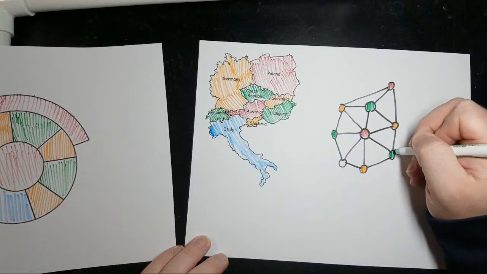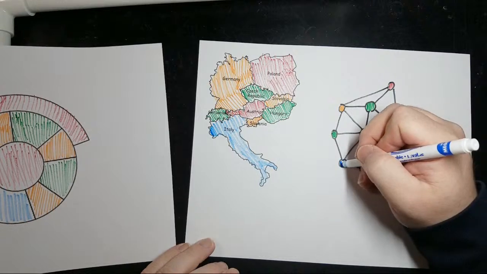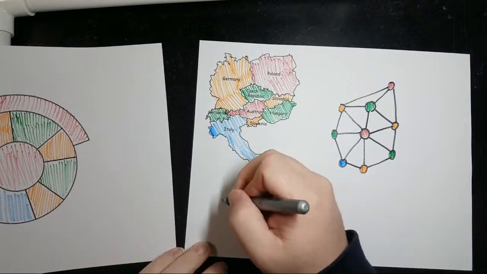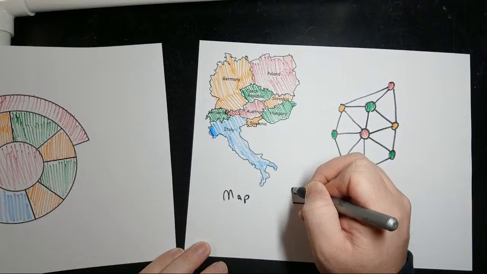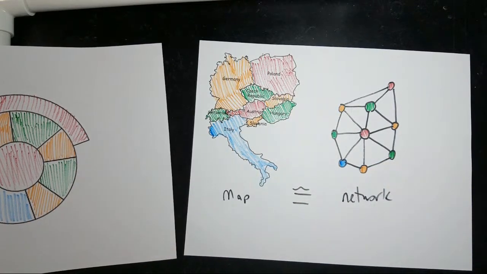I love watching those videos that explain why certain places have a border the way that it looks. But yeah, this map and this network are congruent to one another. It's fantastic.